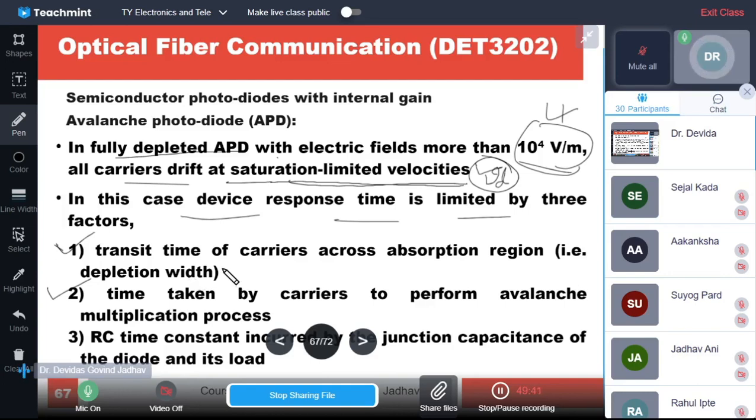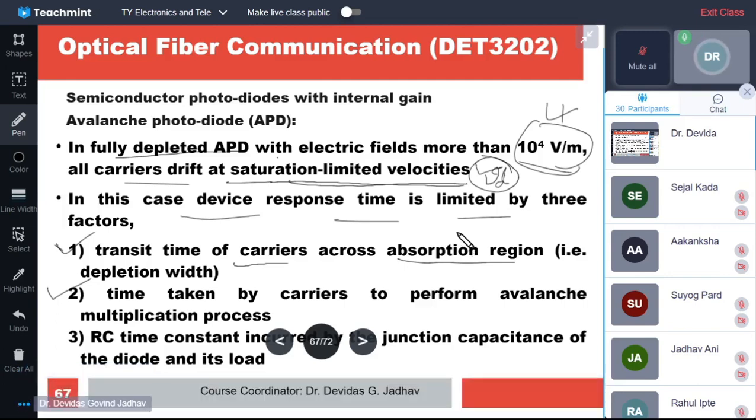First is the transit time of the carrier across the absorption region. Because the absorption region is very wide, the charge particle has to travel all that distance. All the absorption region is the depletion region. Because it is a front illuminated device, the absorption region and depletion region have the same width.